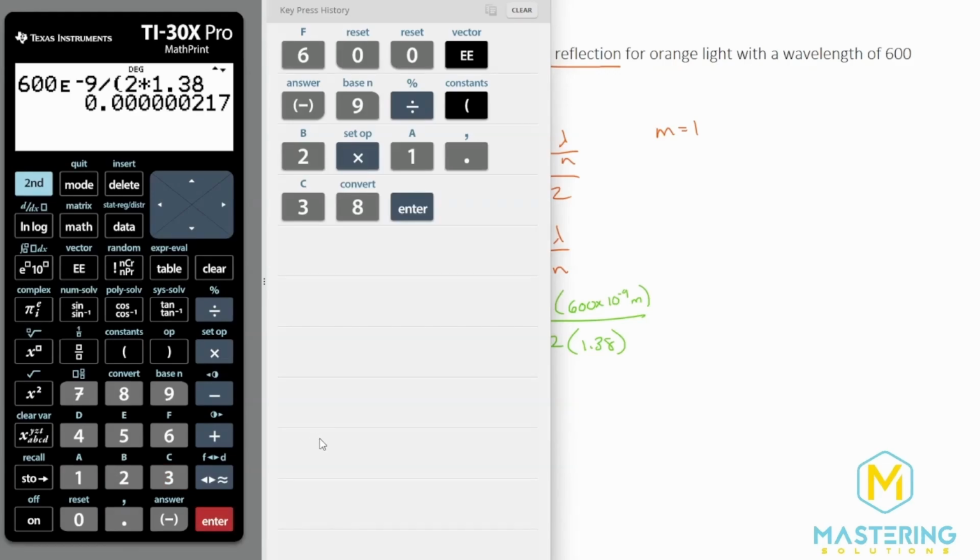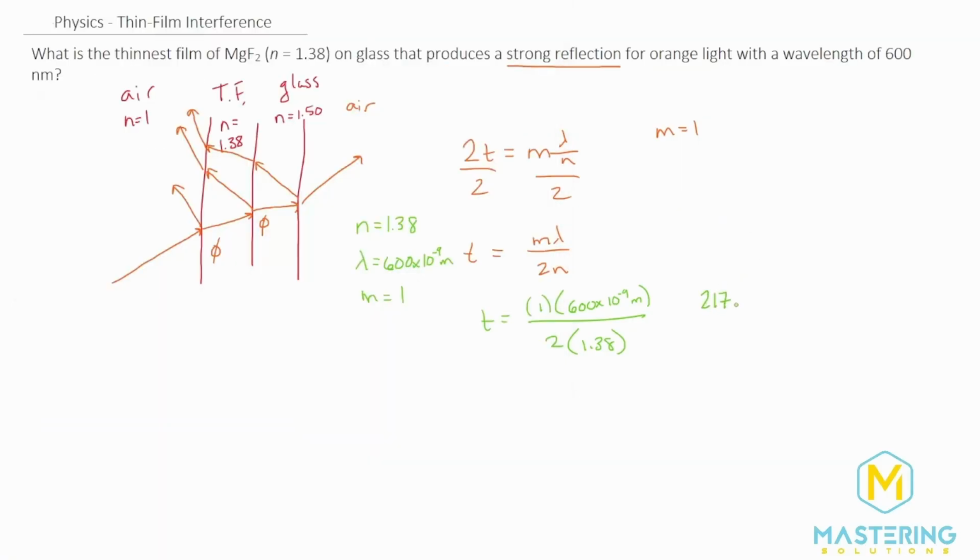And that gives us the thinnest film of 217 times 10 to the negative 9 meters, or 217 nanometers, as the thinnest film that we could have that will give us a strong reflection for orange light.